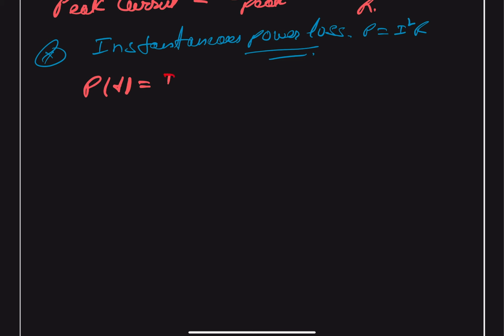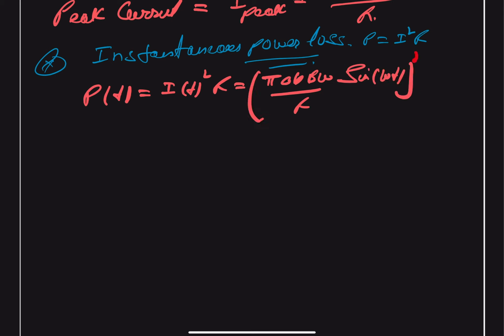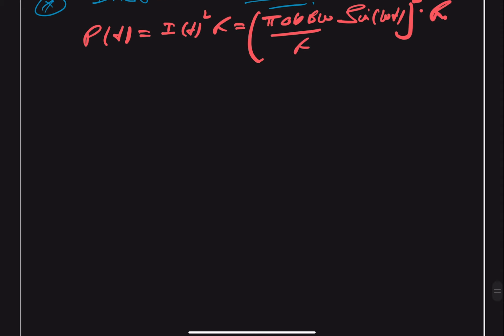So P of t is I of t square multiplied by R, and we substitute the value of current, which we just found out, pi AB magnetic field omega divided by R, times sine of omega t, whole square, multiplied by R. So we get instantaneous power equal to pi AB magnetic field omega whole square divided by R, times sine square omega t.